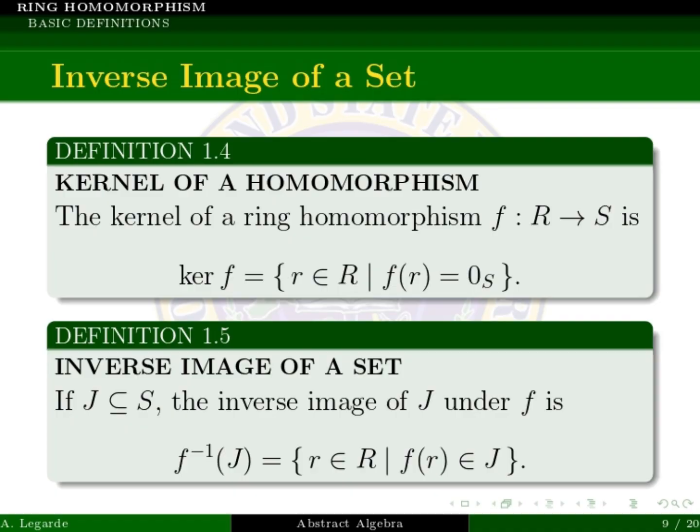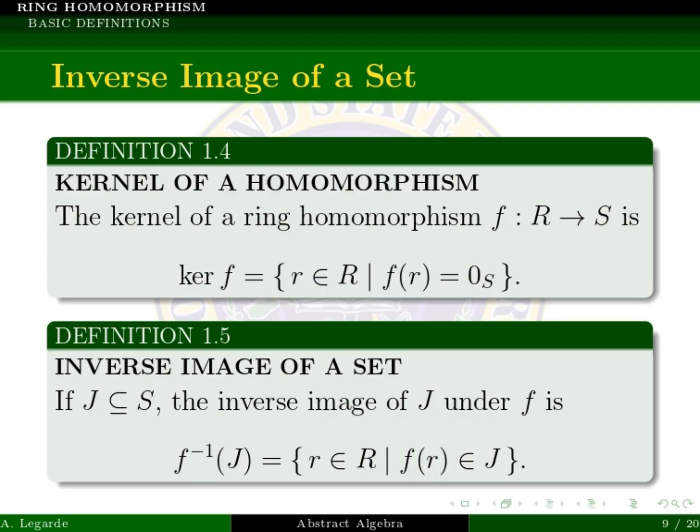The kernel of a ring homomorphism is the set of all elements in R that map to 0 in S. Formally, the kernel of F equals the set of all elements r in R such that F(r) equals 0 in S. The kernel measures how much information is lost under the homomorphism.